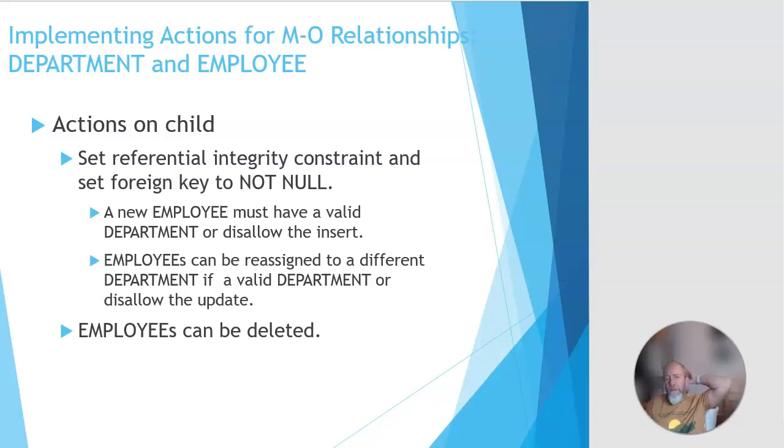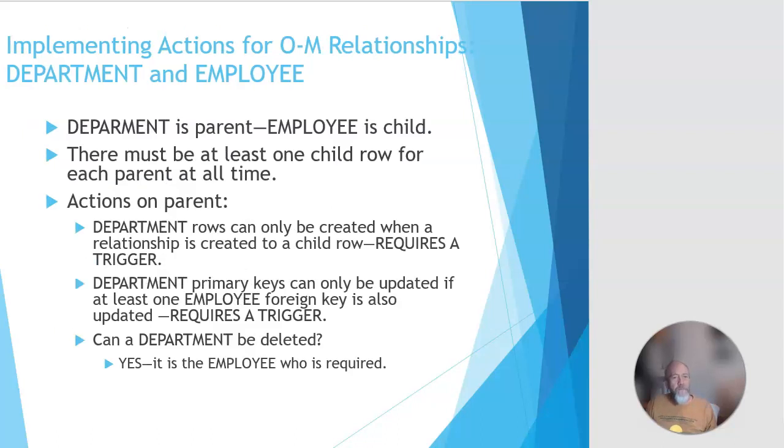Sure, you can make a temporary department that would basically say unassigned is the name of the department. And then when you delete a department, all the employees that were part of that department go to unassigned, and it allows you to then assign them to other things. Or you could just simply delete the employees. But if you delete the employee, now you lose all the employee information, and the employee's probably still there. There are ways to deal with it, and I just gave you one of them.